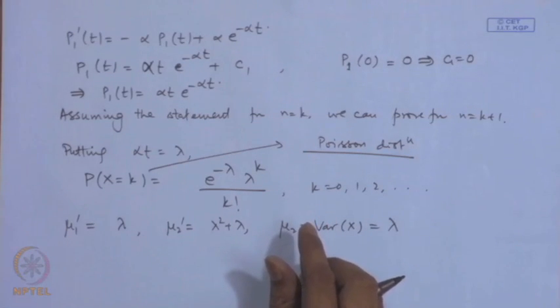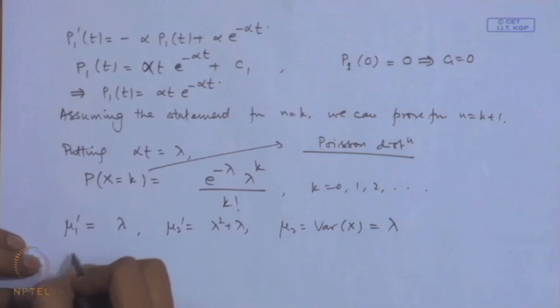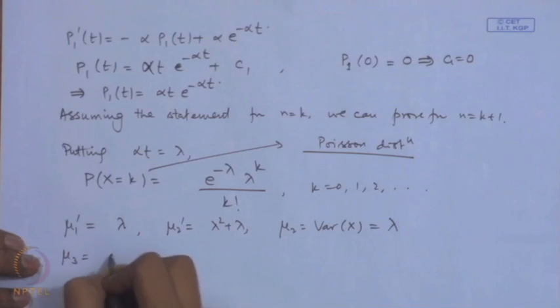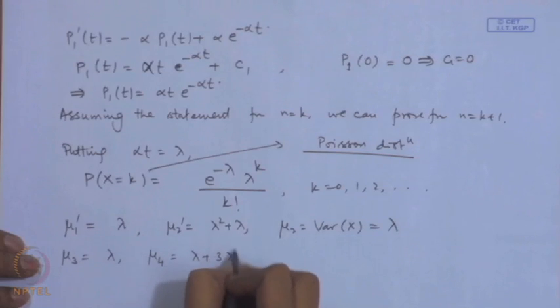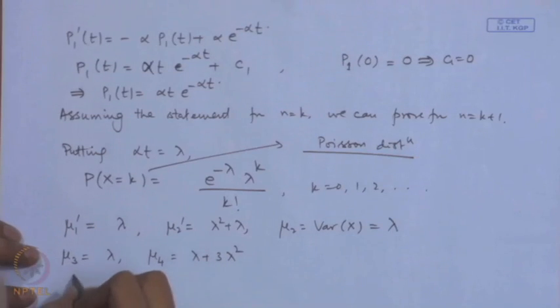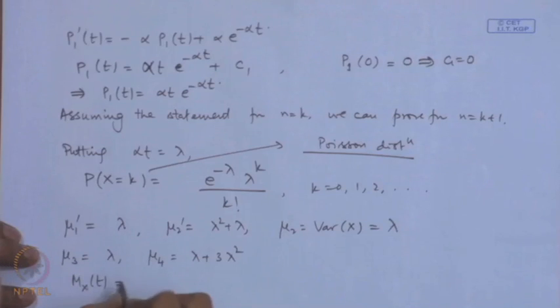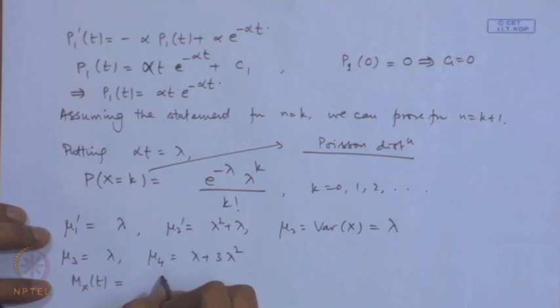Similarly, if we calculate the third moment, that is also lambda, the fourth moment is lambda plus 3 lambda square. The moment generating function of a Poisson distribution is e to the power lambda times (e to the power t minus 1).